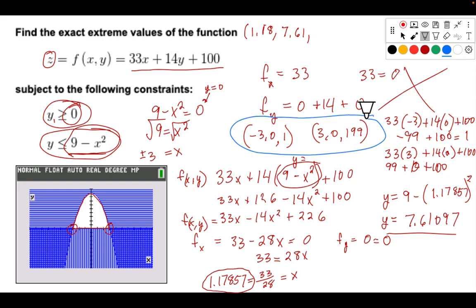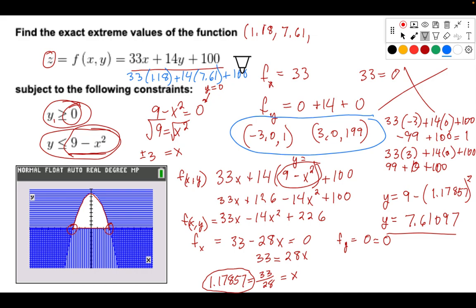So we plug in these values for this function here: 33 times 1.18 plus 14 times 7.61 plus 100. I think that's going to give us a max, because I know 14 times 7 is a big number. You add 100 to it. I think it'll be more than 199.